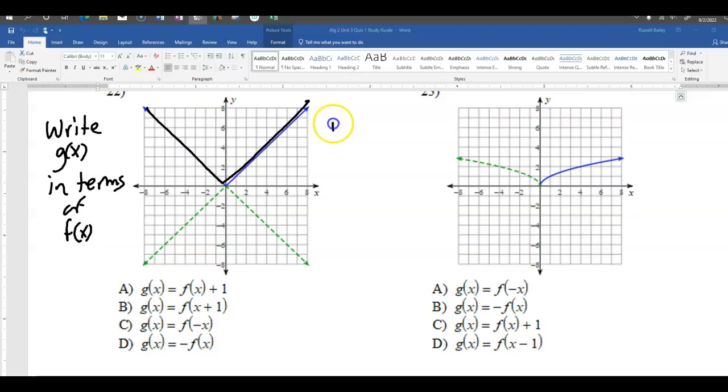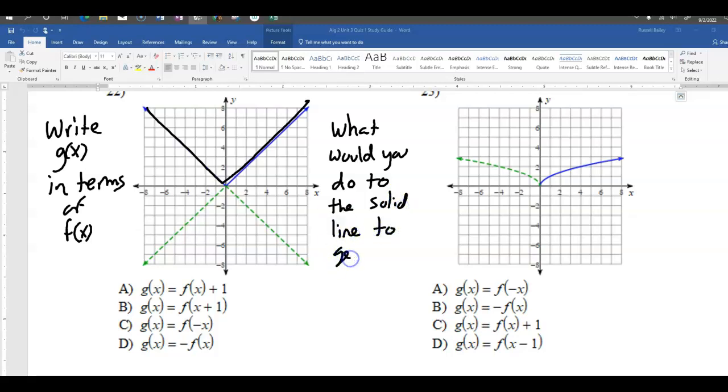Now I think that those directions are a little bit confusing, so I told you guys to think of it this way. What would you do to the solid line to get the dotted line?